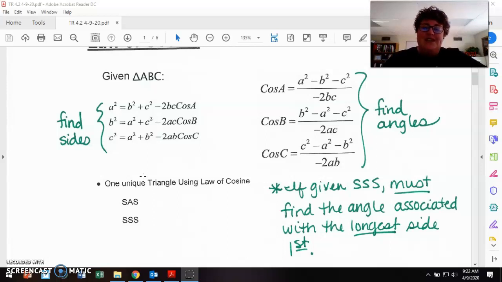Now, the reason for this is the great thing about the law of cosines is it will give you an obtuse angle. So it will give you your largest angle. So once you've found your largest angle, then you can switch to the law of sines and continue using the law of cosines. But if you're given side, side, side, you want to find your largest angle first, and it will always correspond to the longest side.